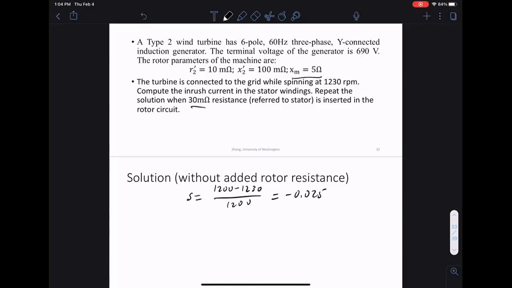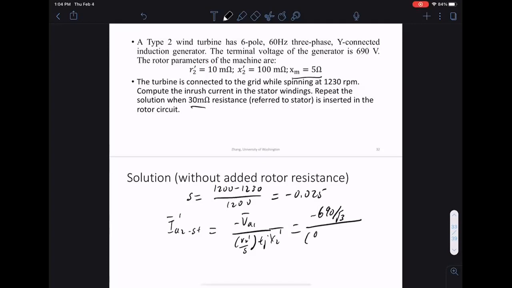Then the starting current, IA2, is the voltage over the impedance, S plus JX2 prime. We're going to plug in all the numbers. Again, remember dividing by root 3. Every time somebody forgets to divide by root 3, don't be that person. Divide by root 3 for this per-phase current.